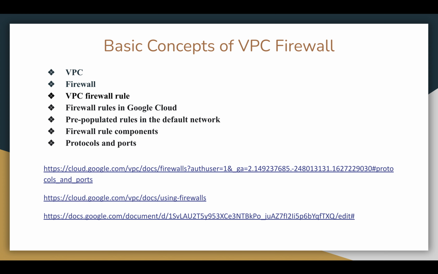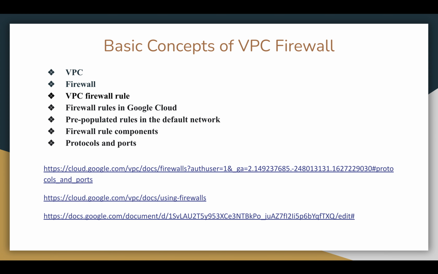VPC firewall rules let us allow or deny connections to or from our virtual machine instances based on a configuration that we specify. Enabled VPC firewall rules are always enforced, protecting our instances regardless of their configuration and operating system, even if they have not started up.